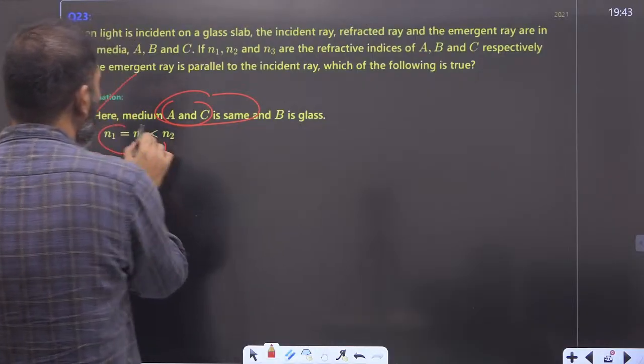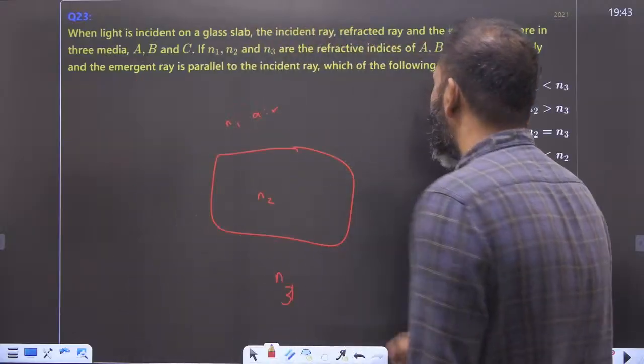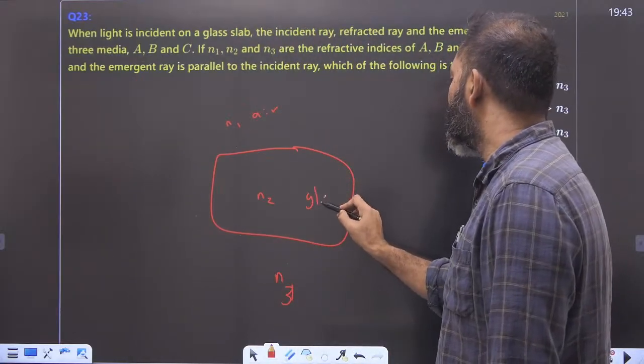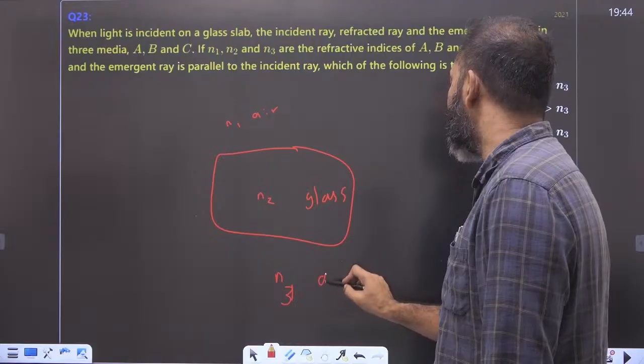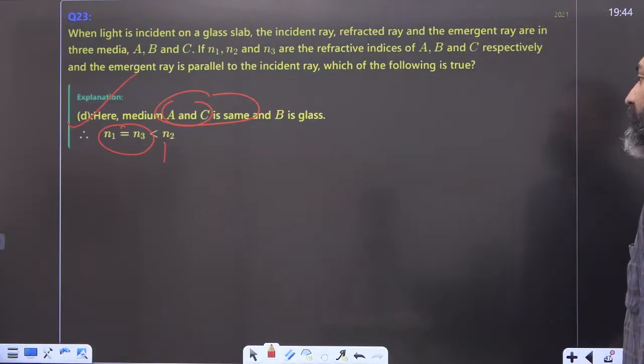N1 N3 ഈക്വൽ ആണ്, അത് N2വിനേക്കാൾ താഴെയാണ്. കാരണം എയറിൽ നിന്ന് ഗ്ലാസ്സിലോട്ട് വന്നു, പിന്നെ വീണ്ടും തിരിച്ചിറങ്ങുന്നത് എയറിലേക്കാണ്. മനസ്സിലായോ?